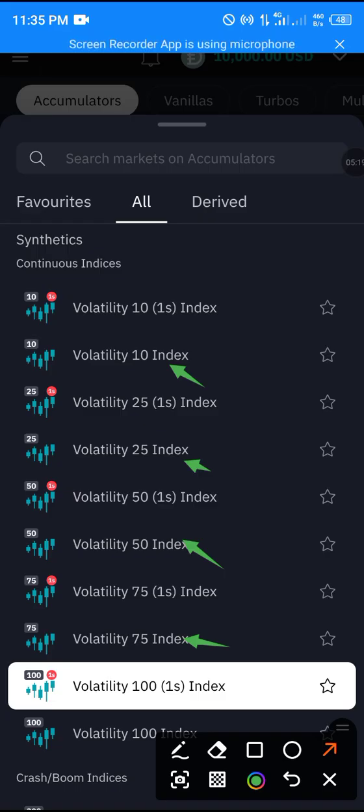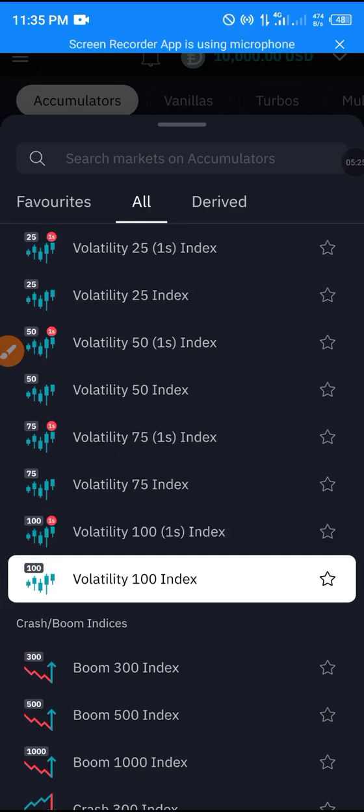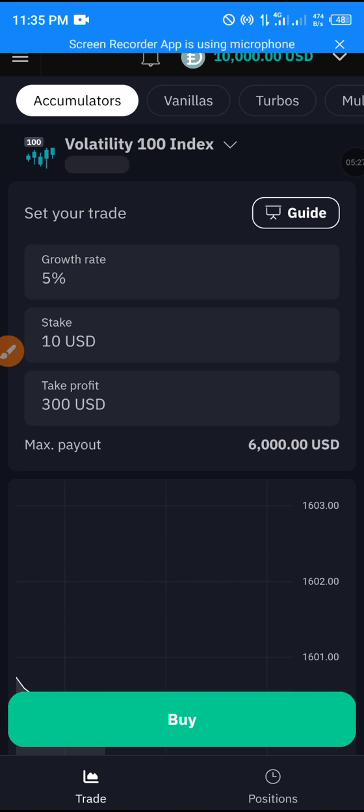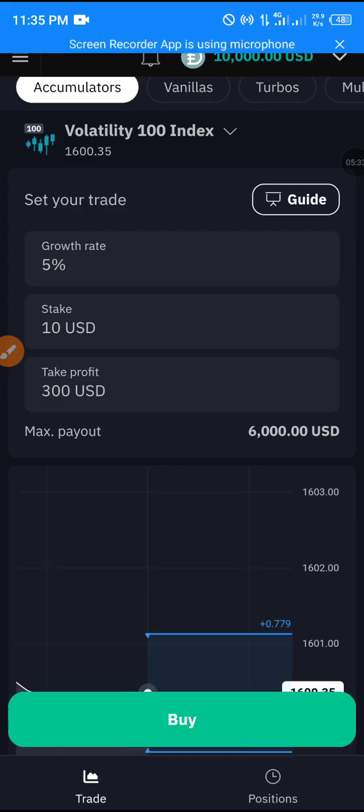But I'm going to use Volatility 100 Index. Now I'm going to trade accumulators. This is where you set up your trade.